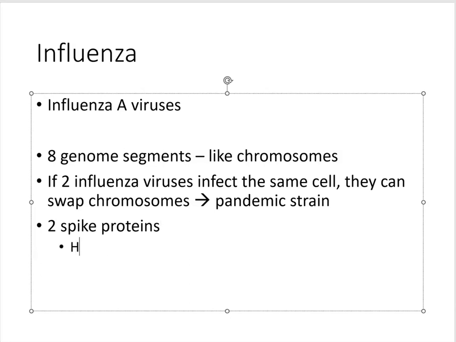So there's H, which is hemagglutinin. I think that's how you spell it. You don't have to spell it. You don't have to know the word, but that's H, and it comes in several types. And neuraminidase. I think I also misspelled that. I don't care. Those are the two spike proteins. And they're necessary both to attach and penetrate the cell and also to be released from the cell.